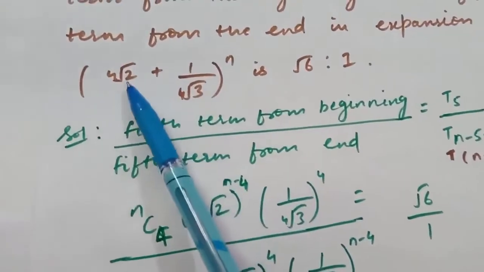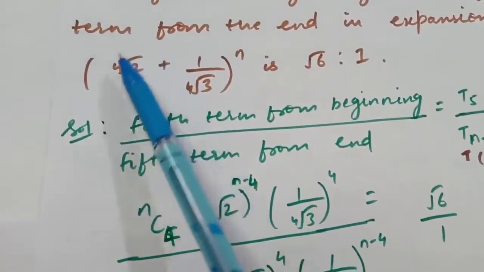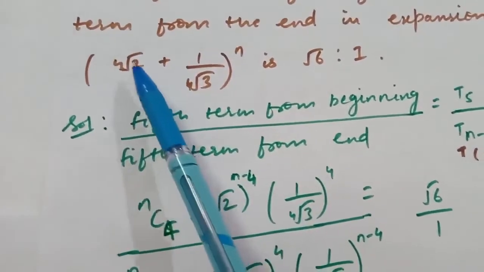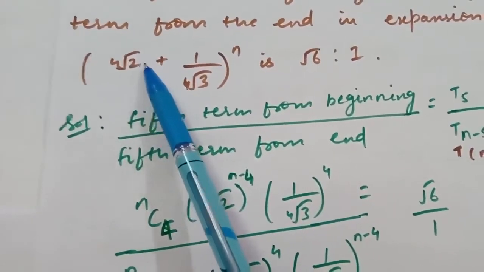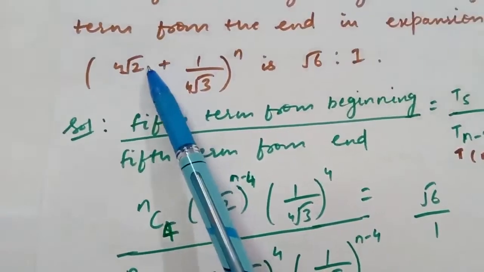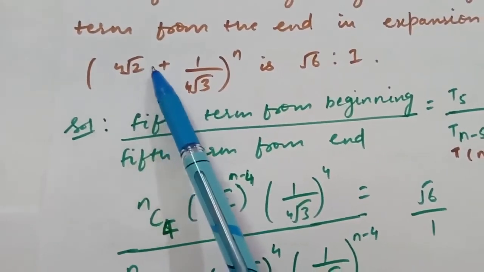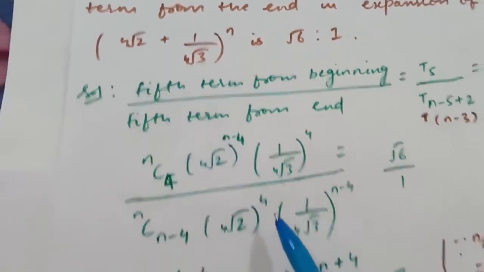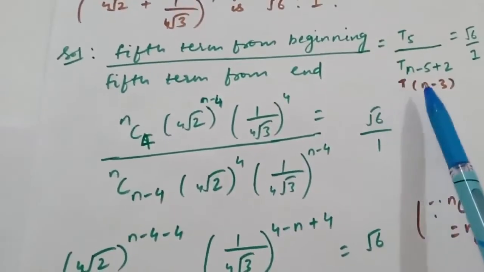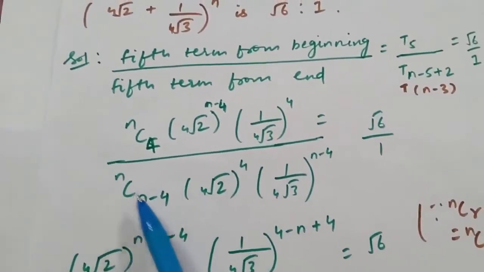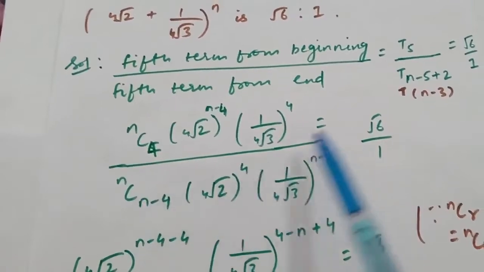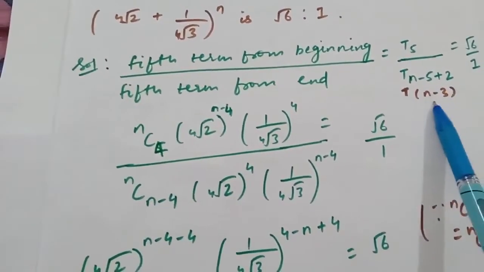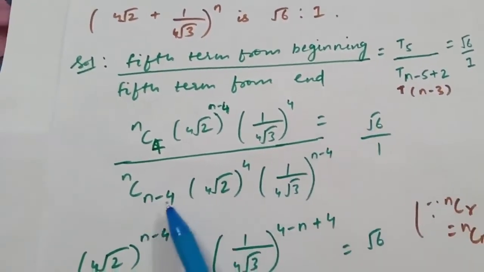You have to understand this clearly. This is not 4 into root 2. This is 1/4 of 2. That is fourth root of 2, 2 raised to the power 1 by 4. Similarly, tn minus 3 will be ncn minus 4. One number less than this. So one number less than n minus 3 is n minus 4.